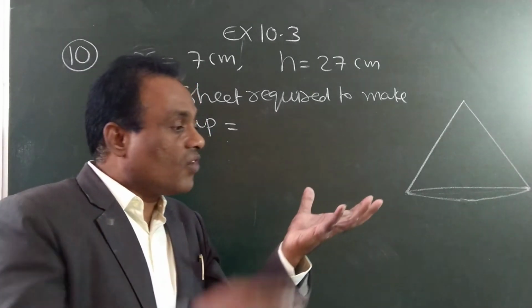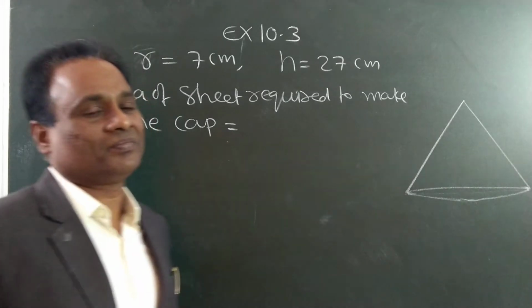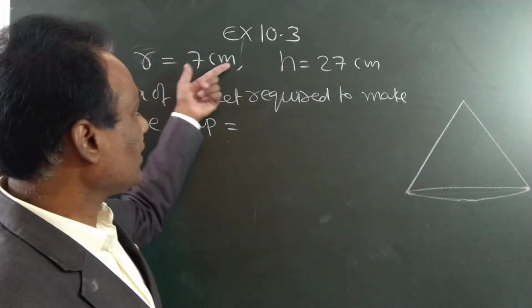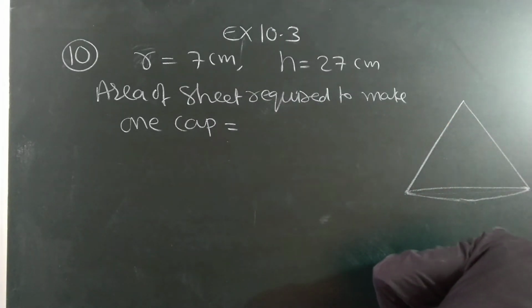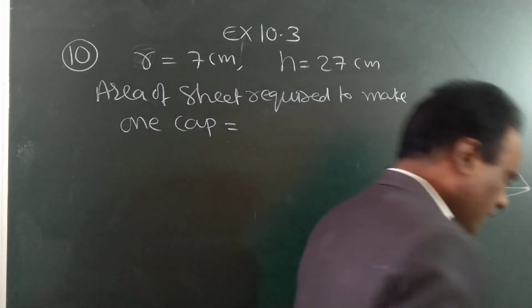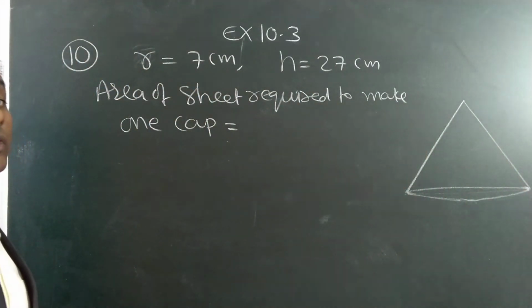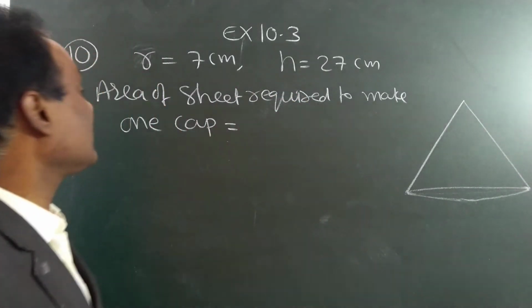How much cloth is required to make this one cap? What are the dimensions? Radius is 7, height is 27. What is the area of cloth required to make this cap?